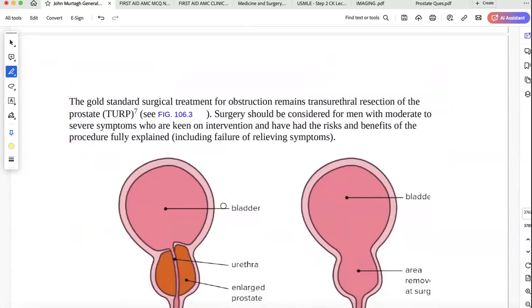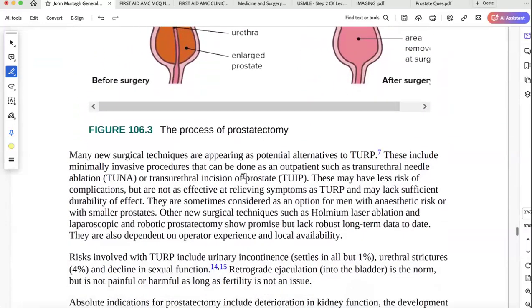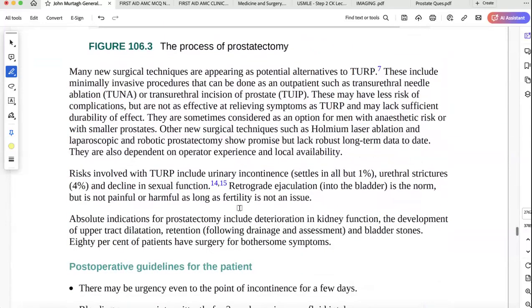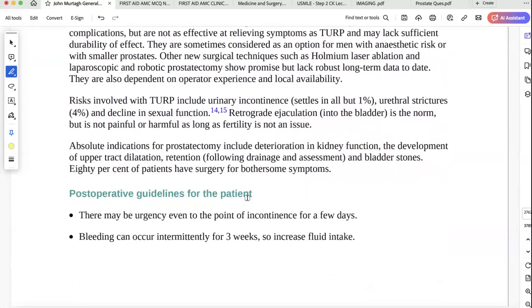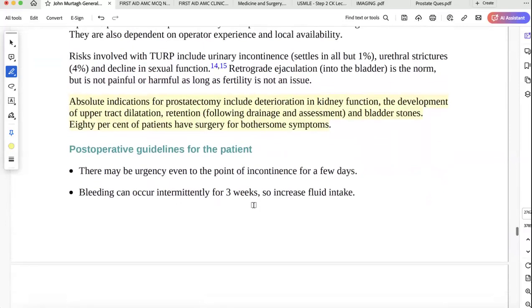Now, if it is really bad, like the patient comes to you with acute urinary retention, then for those patients you can even do a surgery, which is transurethral resection of prostate, TURP. These are the absolute indications of prostatectomy. You can go through that.